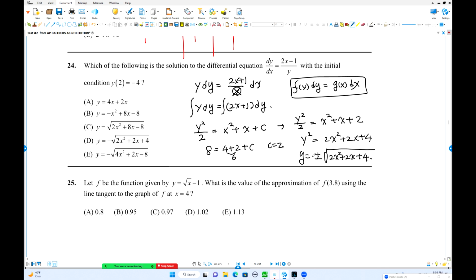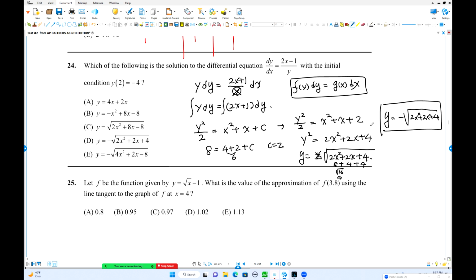When we put x is 2 there, that is 8 plus 4 plus 4, the square root of 16, which is 4. But it should be negative 4, so you cannot take the positive. So we take only the negative side. Negative the square root of 2x squared plus 2x plus 4 is the equation of y.